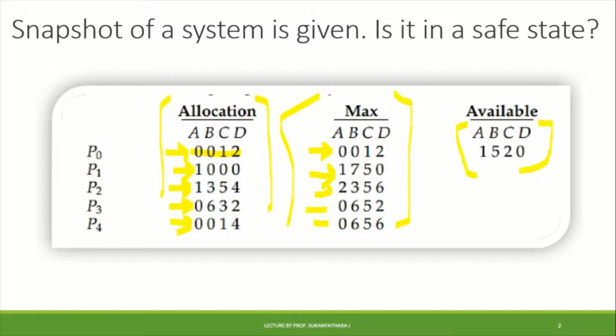Then, unsafe means that at least one process will not be able to execute. So the system is waiting without going forward. That condition is called a deadlock. So in this system we have n processes and m resource types. And each resource type has k instances.